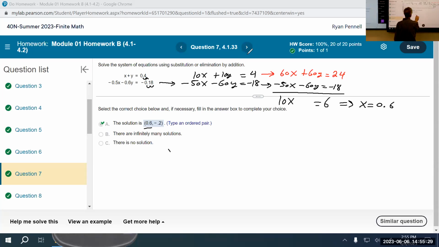So x plus y equals 0.4 becomes 0.6 plus y equals 0.4. And so y equals 0.4 minus 0.6, or like 40 cents minus 60 cents, negative 20 cents.